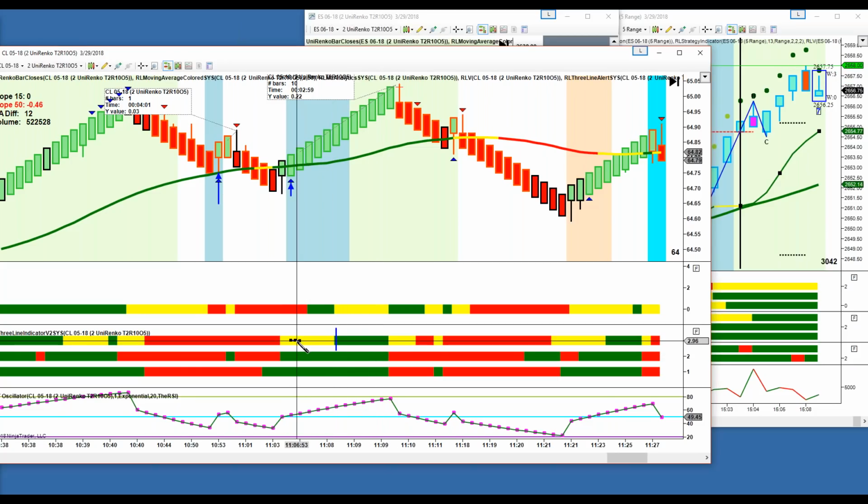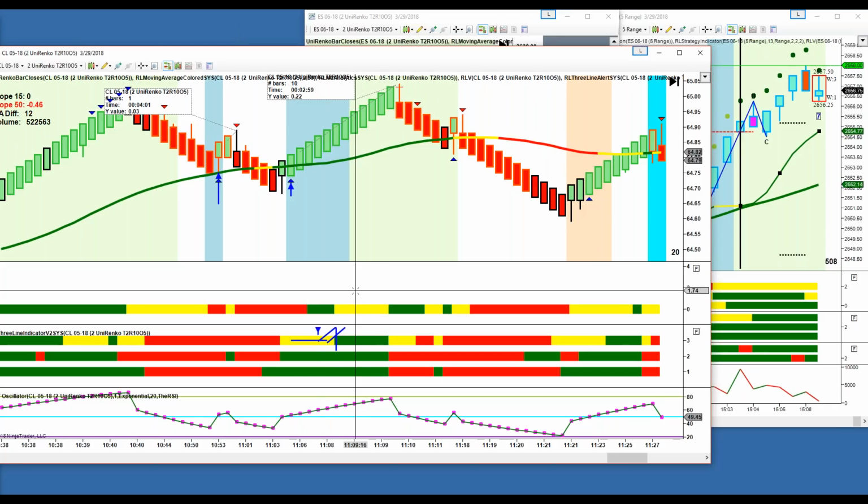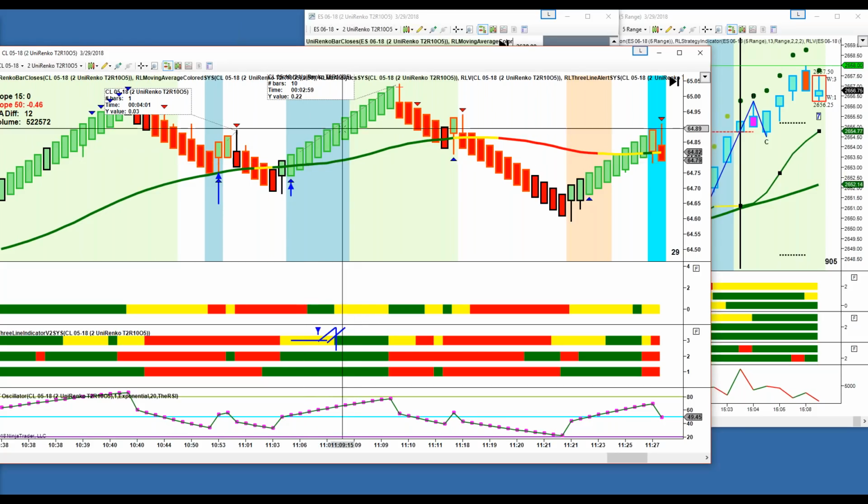But here, the MACDs on the higher time frame are heading up, up, up. And they're accelerating away from the signal line, although they haven't crossed it yet. So we let the candle halo provide us with more information.